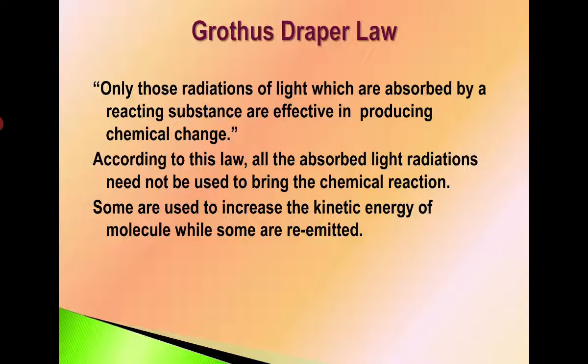And this particular law, the Grotthuss-Draper law, is the basic law of photochemistry, and it gives no idea of the relation between the light absorbed and the substance undergoing chemical change. That is, the substance may absorb light, but it may not undergo chemical change. Therefore, this law is purely qualitative in nature.